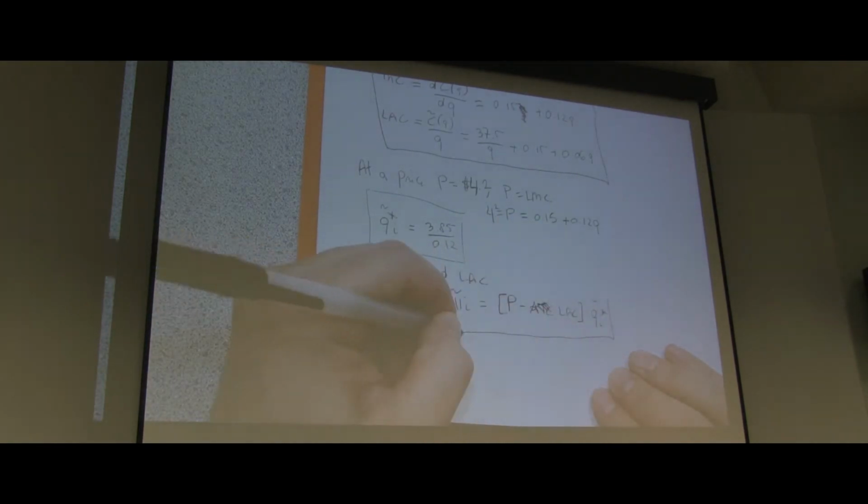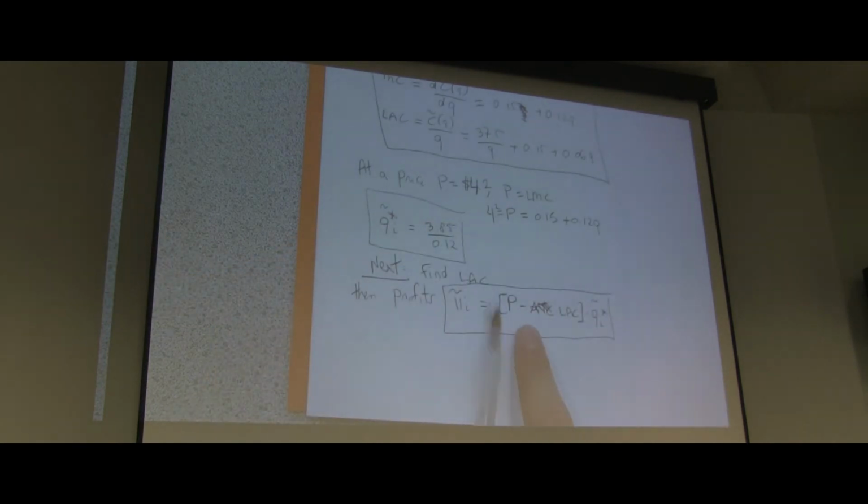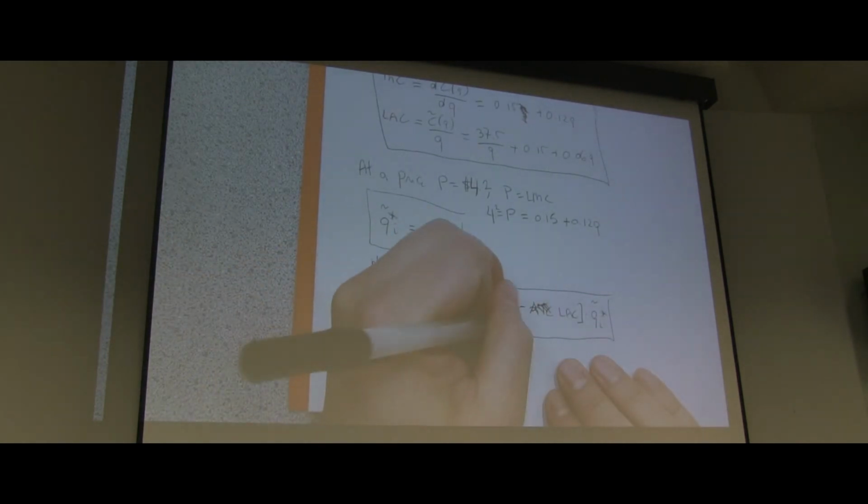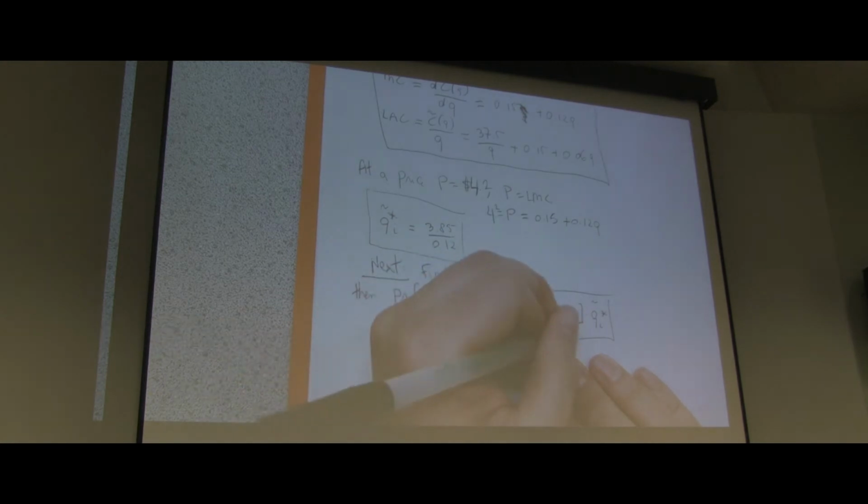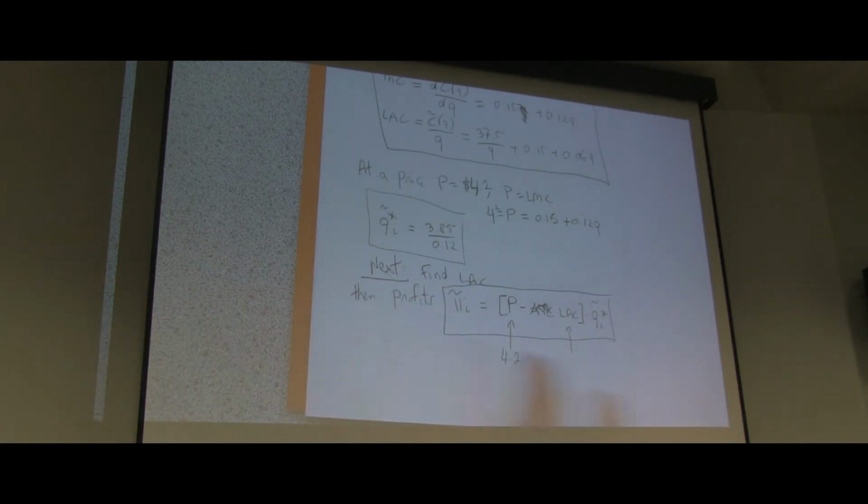Those are going to be the profits. So you know that price is 4.2. You know that the LAC is something that I haven't calculated. And then that multiplied by Q, that's the total profits that you can expect with the new technology. That's how much you're willing to pay for that technology.